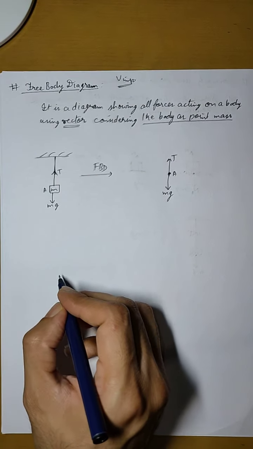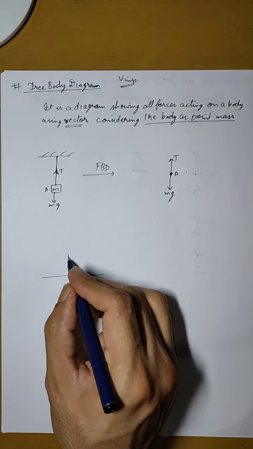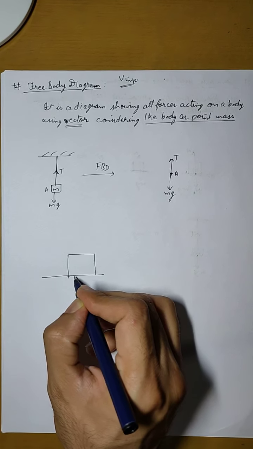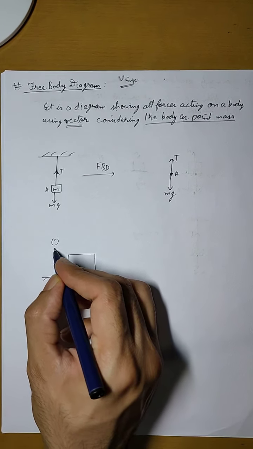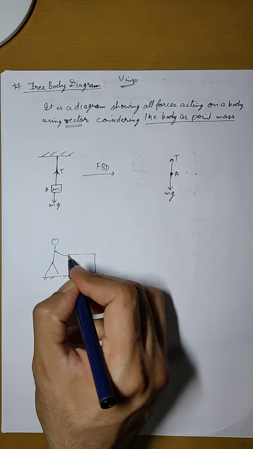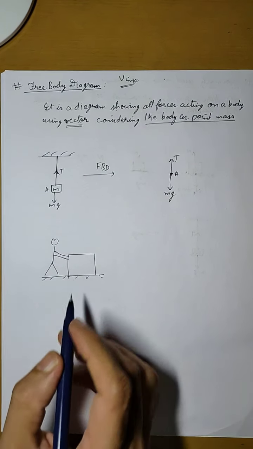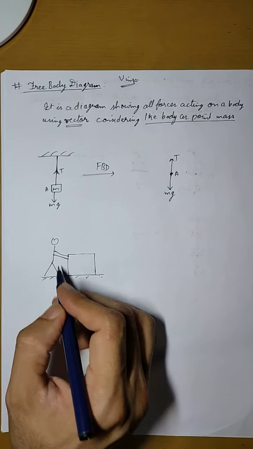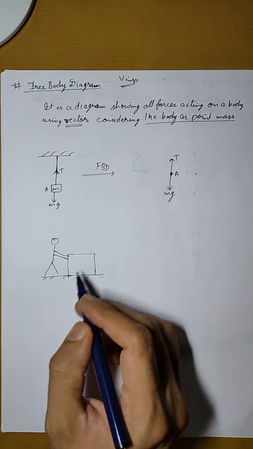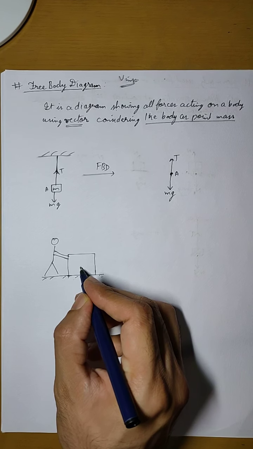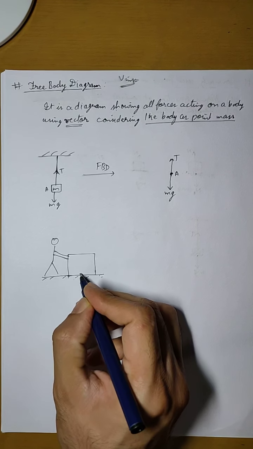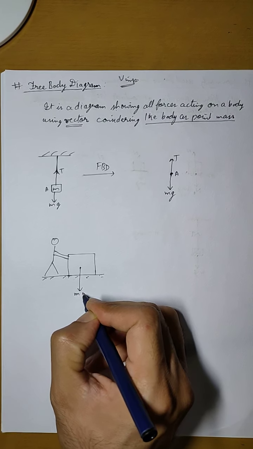Or let us take another example. Let us say a box is lying on the floor, and a boy is applying force in this direction. So what are all the forces that are being applied in this system? We can say there will be one normal reaction, a normal force. We know that this force is mg.